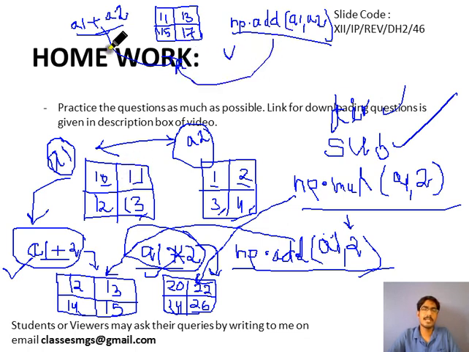Similarly, you can do the multiplication a1 star a2, then corresponding elements will be multiplied and displayed. Let me show you the multiplication also. Let's suppose you want to perform a1 star a2.